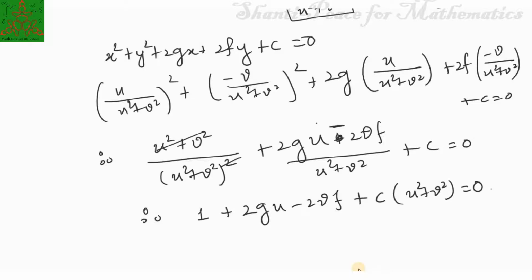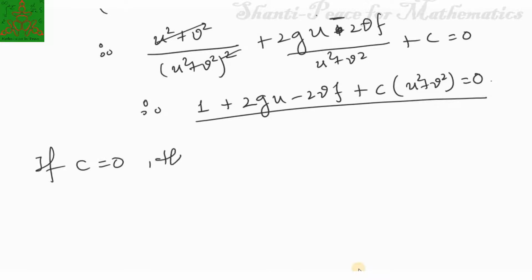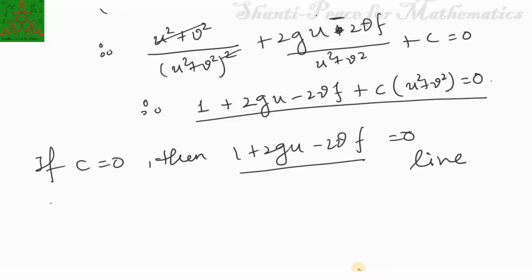Now there are two conditions under which we need to find what this equation represents. If c is 0, then this equation becomes 1 plus 2gu minus 2vf equal to 0. That means in the w plane it represents a line. On the other side, the equation in the xy plane becomes x square plus y square plus 2gx plus 2fy equal to 0.